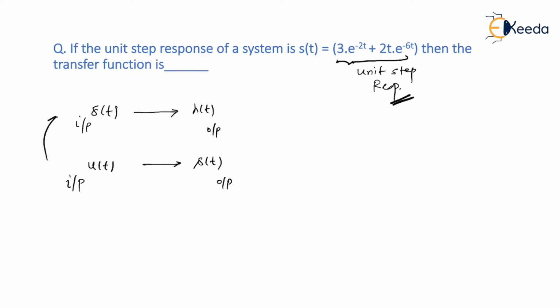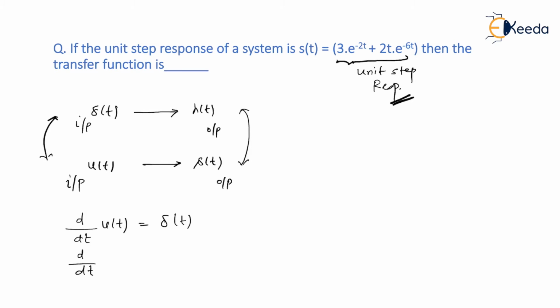So if you know the relation between inputs, the same relation is applicable for outputs, because we know that it is an LTI system, right? So what is the relation between inputs? Very simple. d/dt of u(t) is always delta(t). This is nothing but the relation between inputs. The same relation is applicable for outputs also.